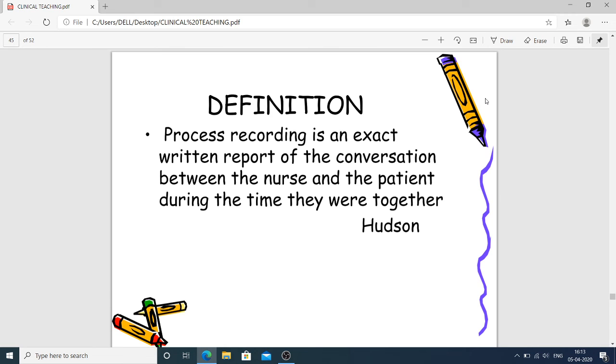The definition of process recording is: process recording is an exact written report of the conversation between the nurse and the patient during the time they were together. I think you understand this. The nursing professional talks with the patient, and whatever dialogue is delivered by the patient is exactly written by the student. That is known as process recording.